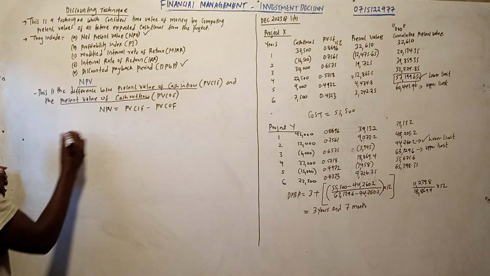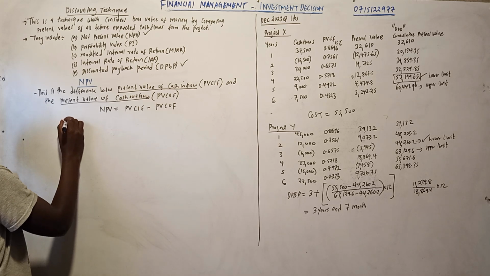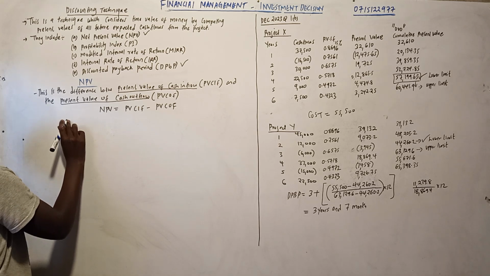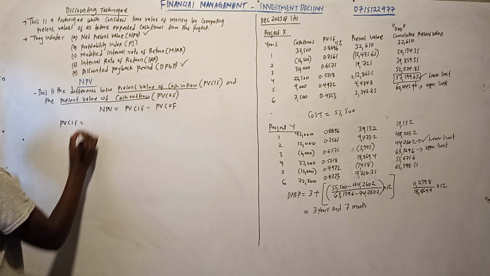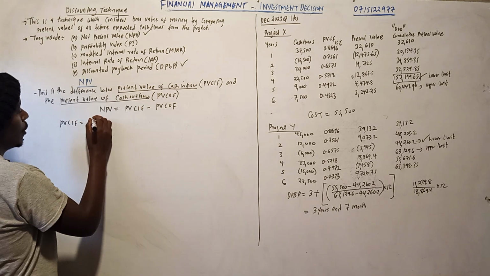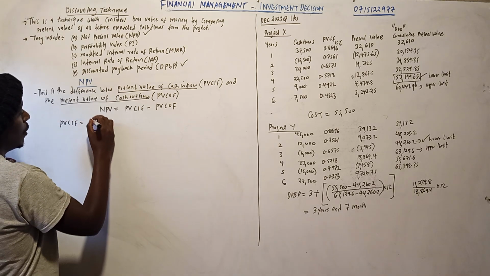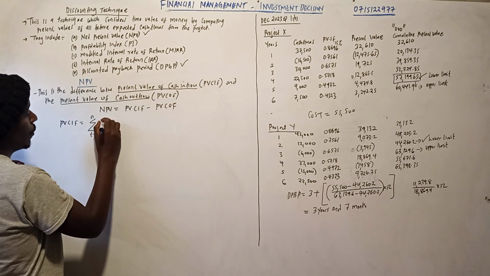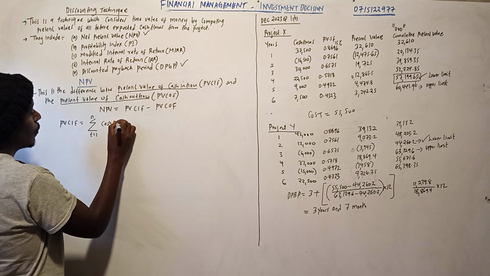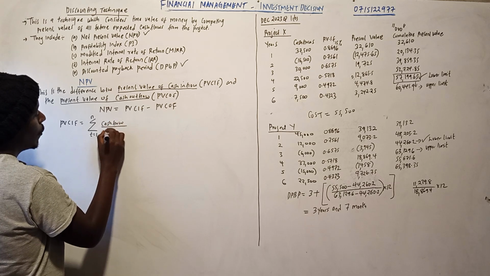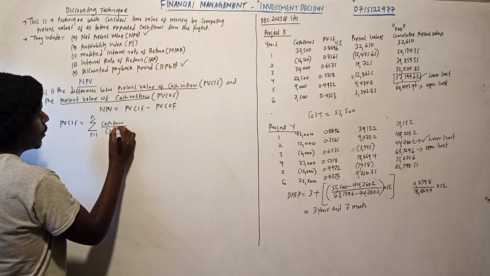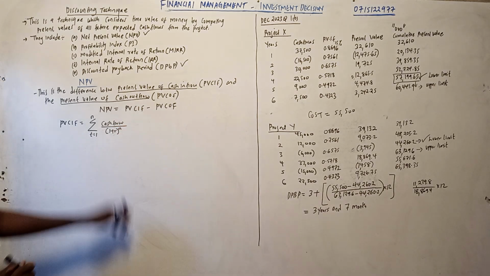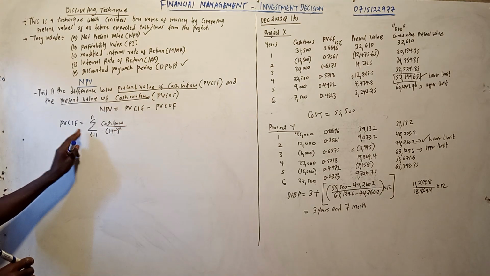Now how do you get the present value of cash inflow? This will be equal to the summation, over any period in our time, of the cash flow over 1 plus R raised to N. That is the formula for how to get the present value.